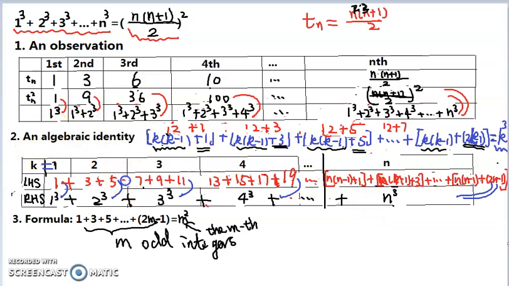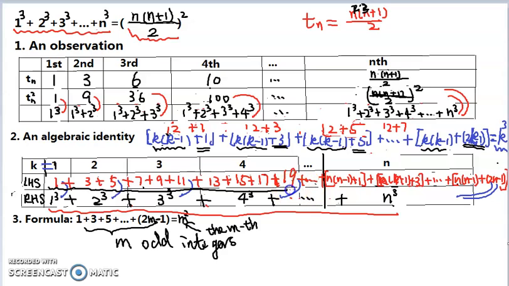So now we have successfully converted the problem of the sum of the cubes to the sum of odd integers. Originally we were supposed to add the first n cubes, but because the cubes equal sums of odd integers, this is 1 plus 3 plus 5 plus 7 plus 9, 11, 13, 15, and so on.